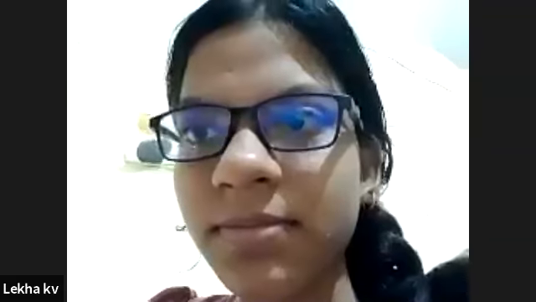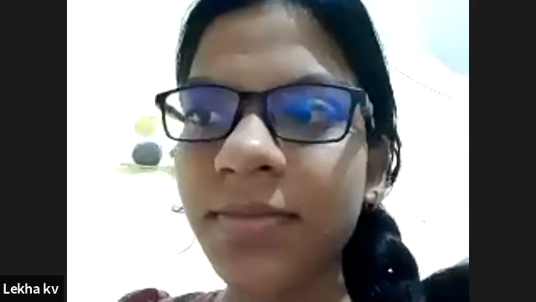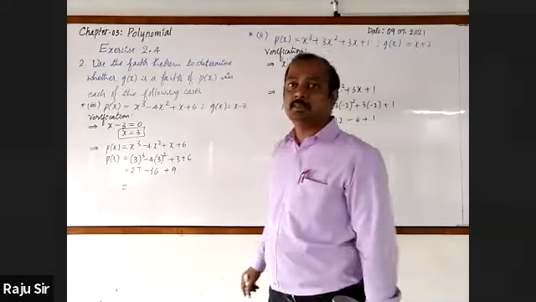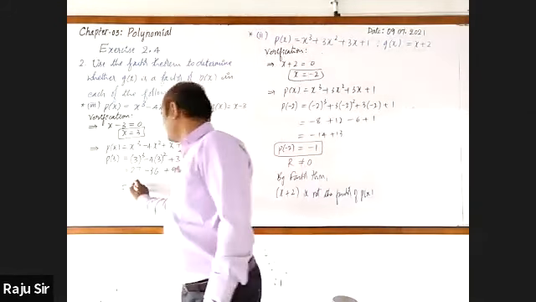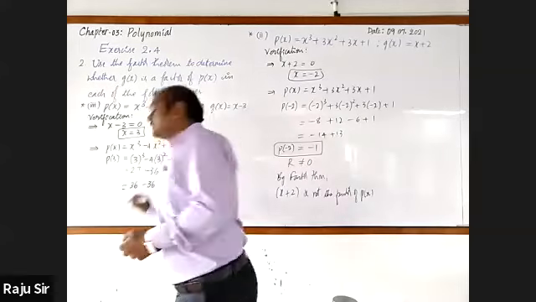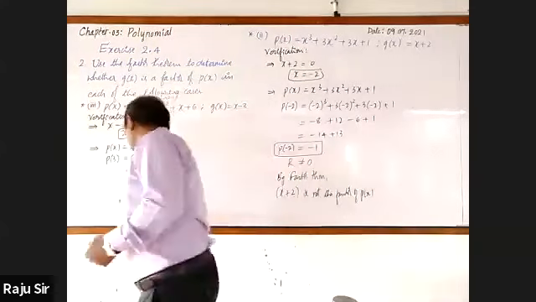Plus 9. What is 27 plus 9? 36. 36 minus 36 is equal to 0.